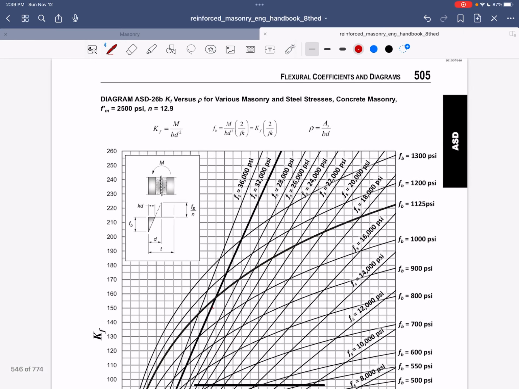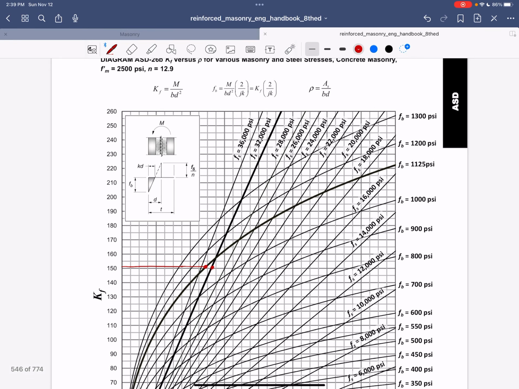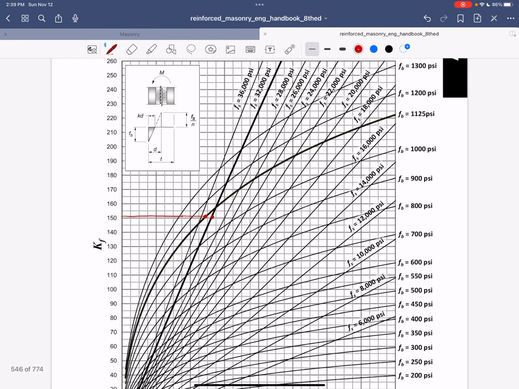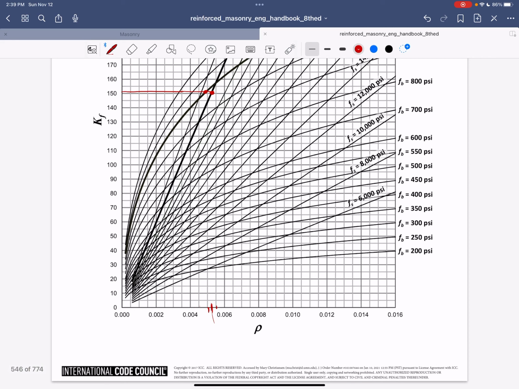Or you can go in here, look at a K value of 151 or so, and come across here. Here's the first one, here's the second one. If you look at this, it's these guys. Second one, and I come down, and I end up right around here. A little harder to get a pure number up here. I'm somewhere in the order of 3/4 of the way between these two.